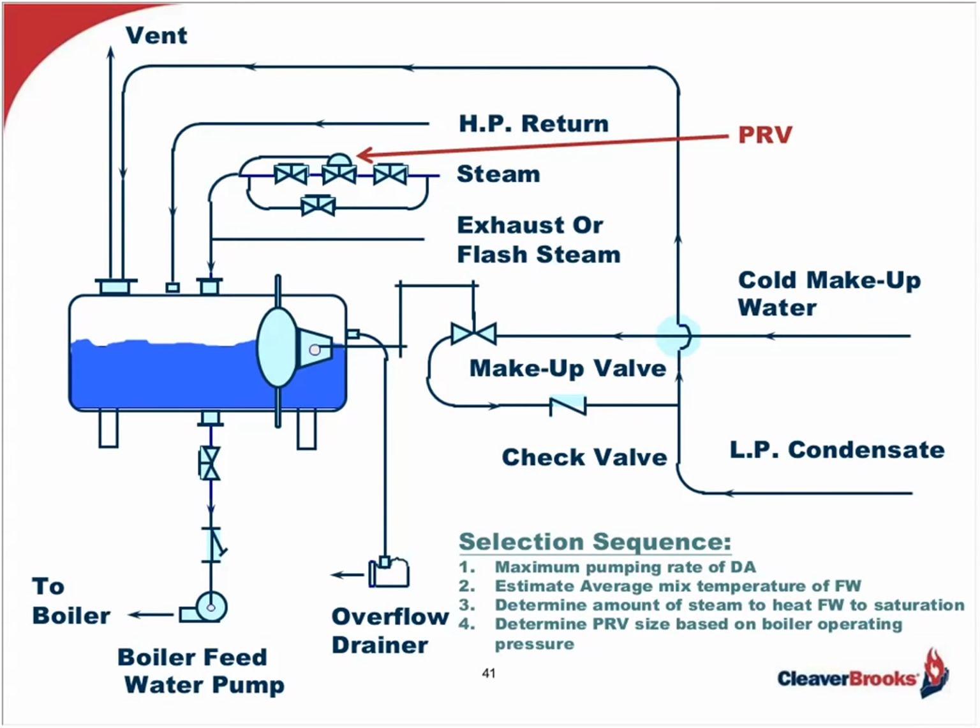And from here, we need to determine the average mix temperature of the feed water to be deaerated, including the raw makeup temperature and the returning condensate temperature, along with their percentages. So, given this information, the amount of steam required to heat this water is determined, leading to the appropriate size selection for the valve based on the boiler's operating pressure.